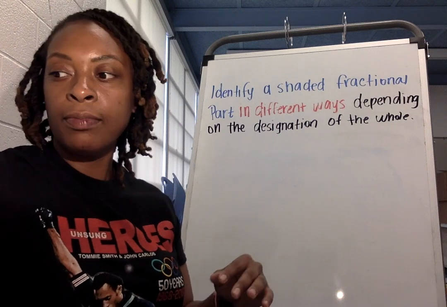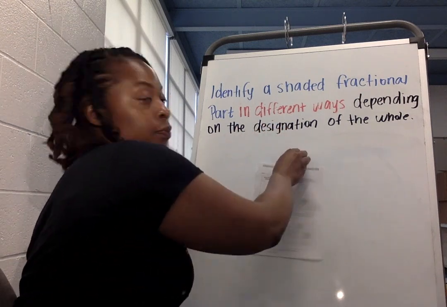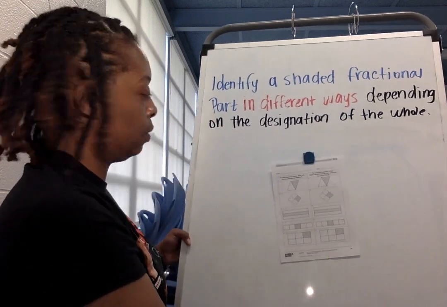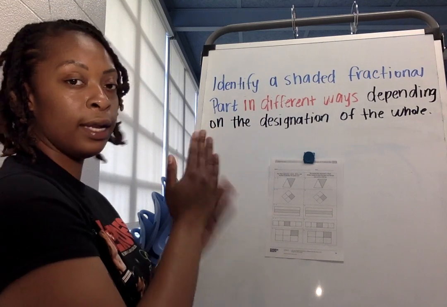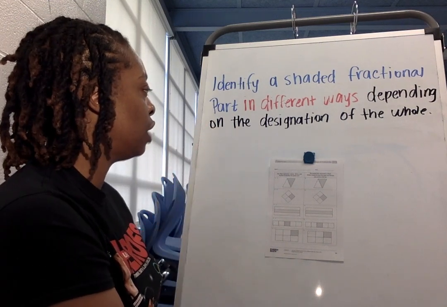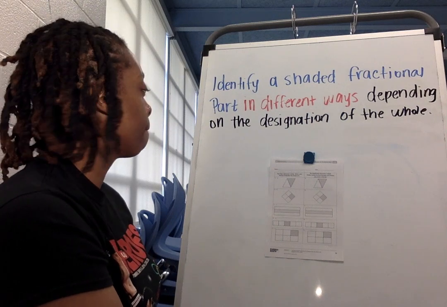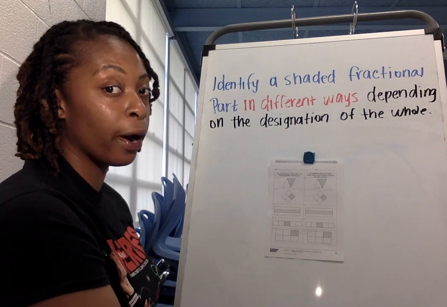So this is your first page. The directions say it's a chart and it has 2 sides, so we have to read the directions on both sides. Side 1 says the shape represents one whole. Write a unit fraction to describe the shaded part.